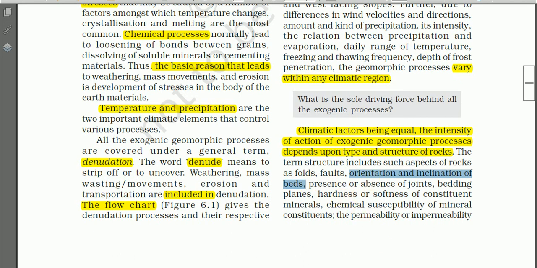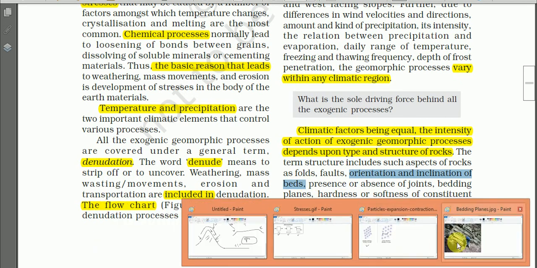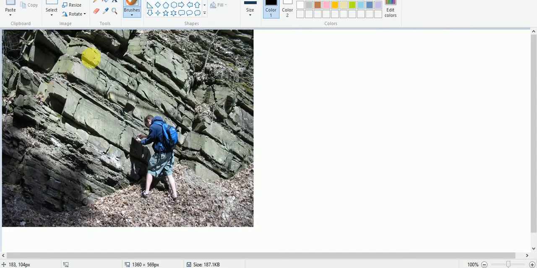Let us see one photograph. If you observe this photograph, here this is called a bed. This layer has been formed in one particular geologic time, so this layer is known as a bed.